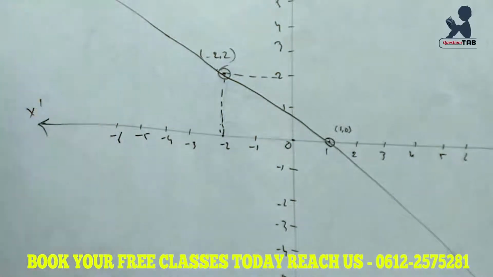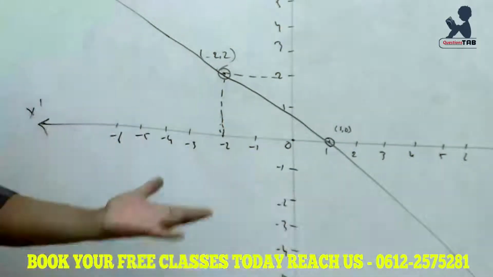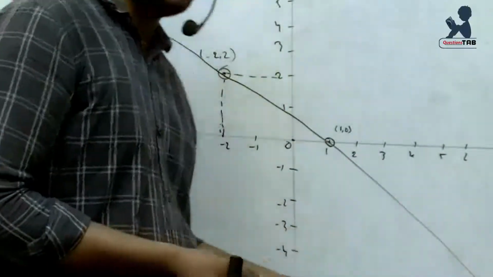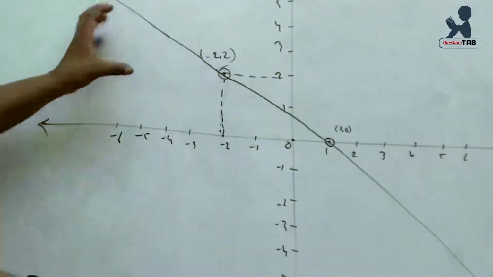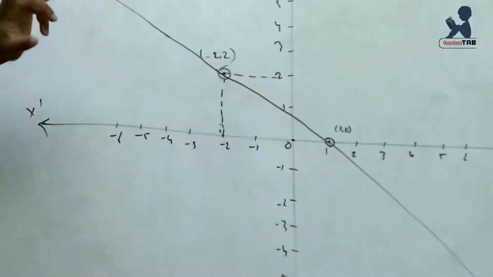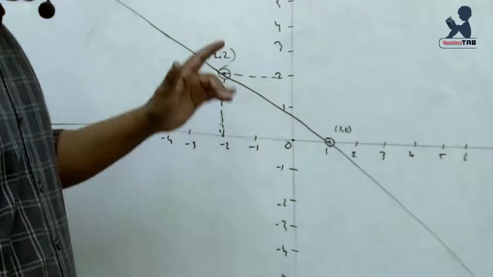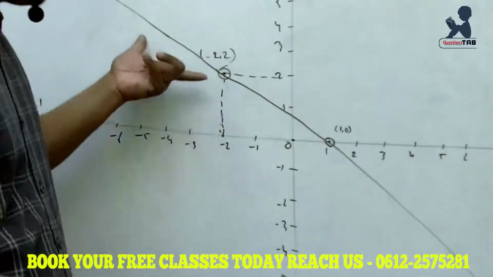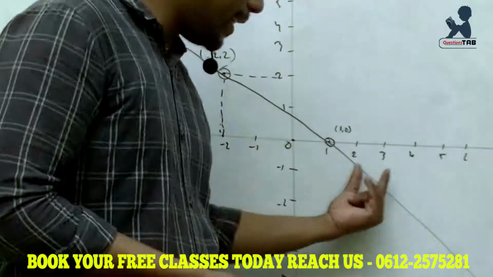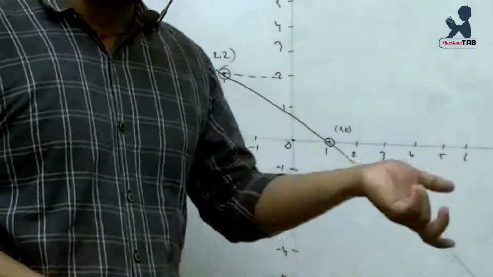So look, my straight line is not straight, and these points are also not at the same distance, so my answer may differ. But when you draw this graph on your graph paper, you get a perfect straight line with perfect distances, and in that case you get the perfect answer.